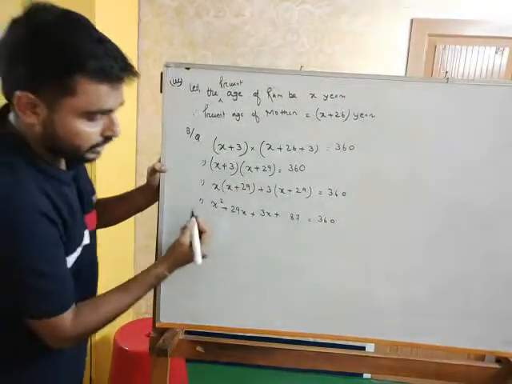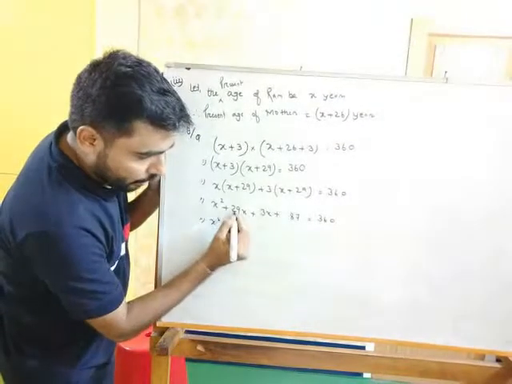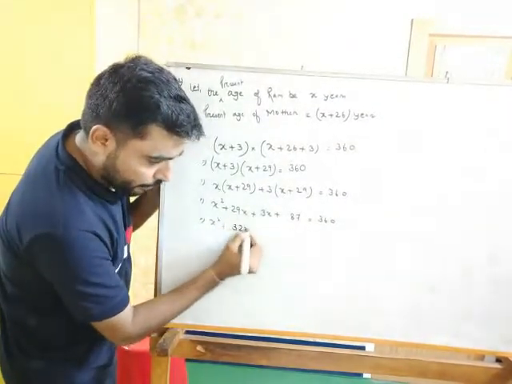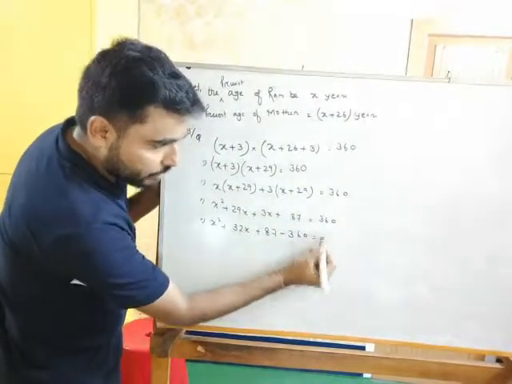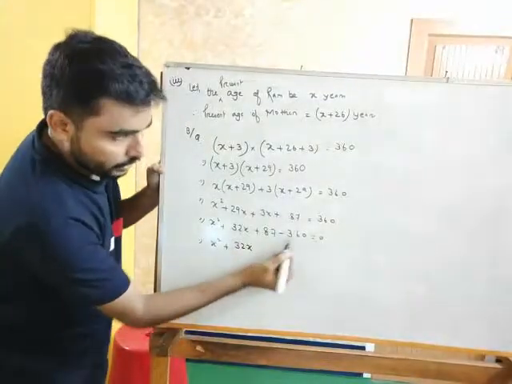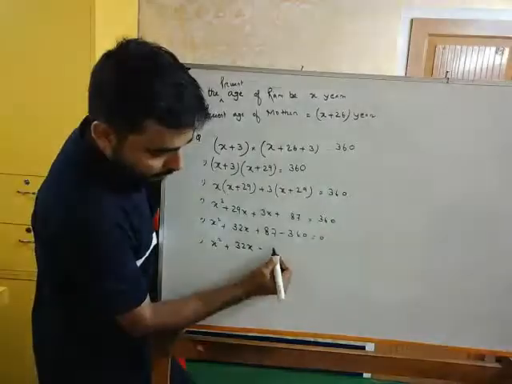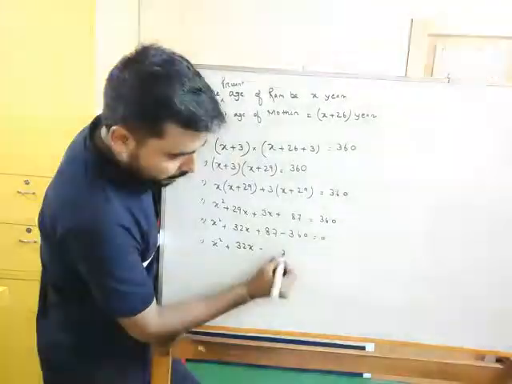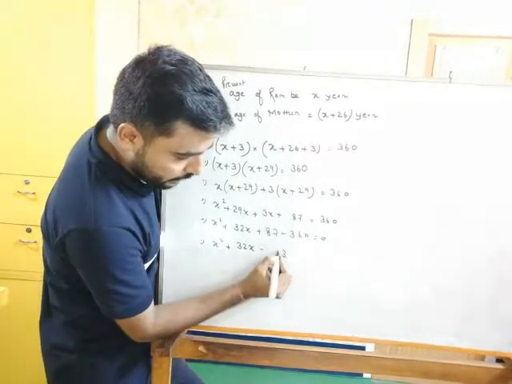Now we will take 360 this side. So x square plus 32x plus 87 minus 360 is equal to 0. Here 360 is negative, so your difference will be negative. 0 minus 7 is not possible. 10 minus 7 is 3. Here it became 5. 5 minus 8 is not possible. 15 minus 8 is 7.